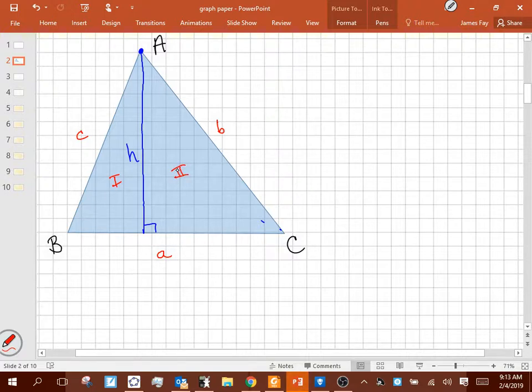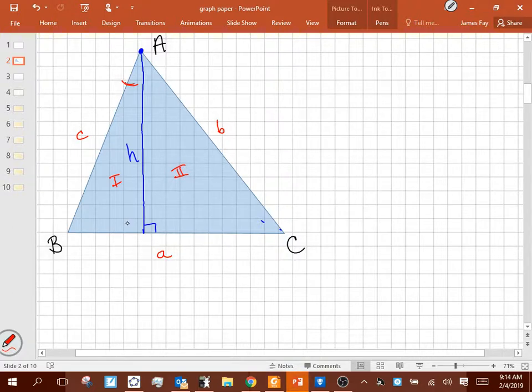Inside triangle number 1, I can now use SOHCAHTOA. Now here's the thing: I want to talk about the angles of the blue triangle while working inside the small triangle number 1. This angle right here, I don't have a way of naming based off of angles A, B, and C, so I'm not going to talk about that angle.